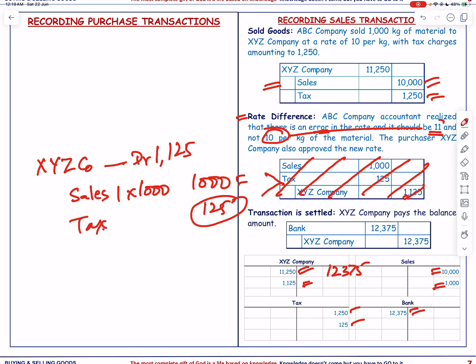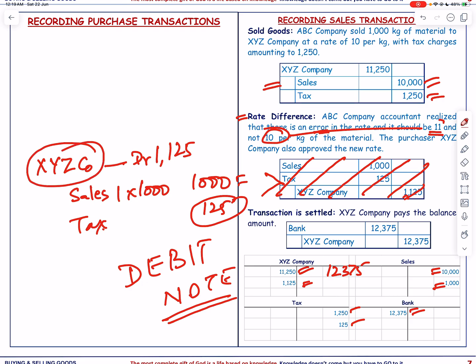Now in this case the adjustment is going to be referred to as a debit note and not a credit note. And let me explain to you the reason. The reason is, in this case, the company has debited the company XYZ.